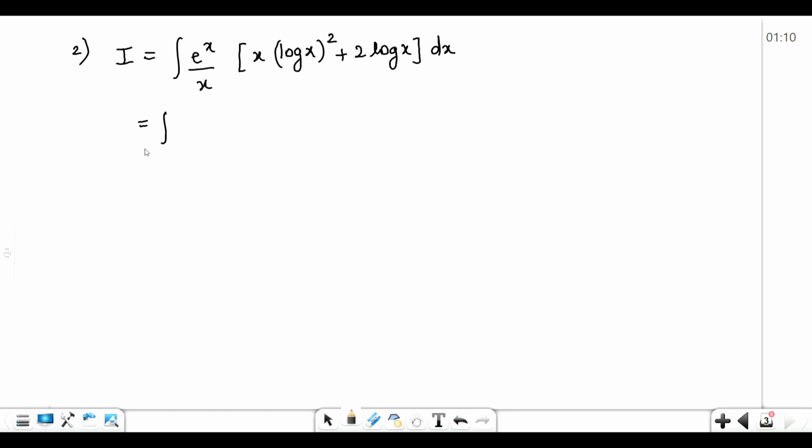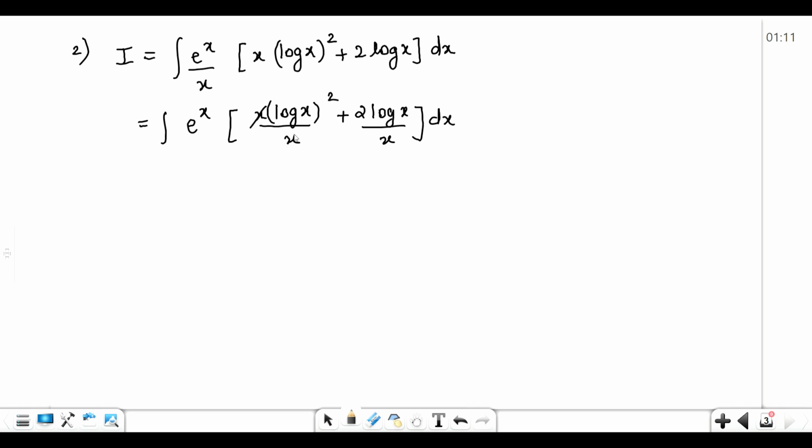So here in the denominator of e raised to x we have x, and we have to get rid of that x. So instead of keeping it outside, just multiply inside. So it will look like this: x log x the whole square upon x plus 2 log x upon x, then dx.